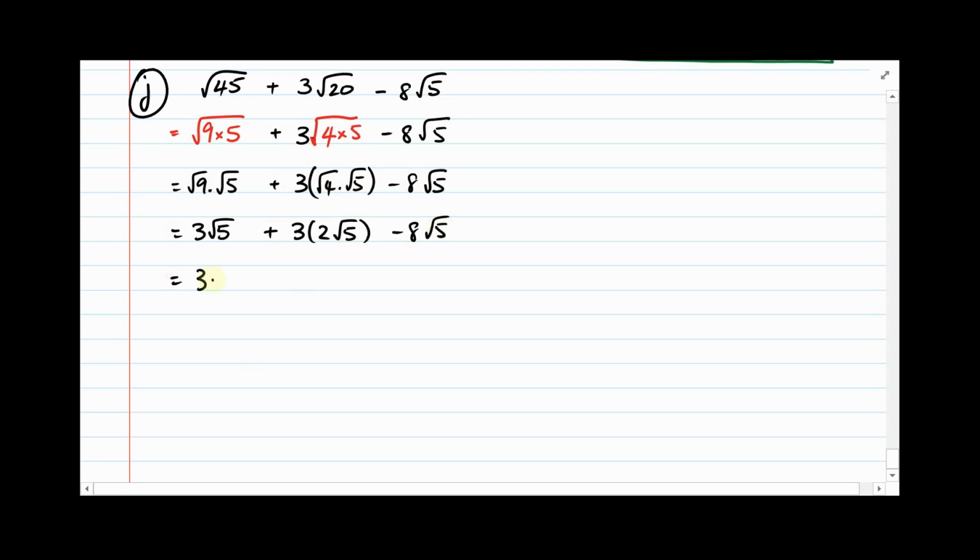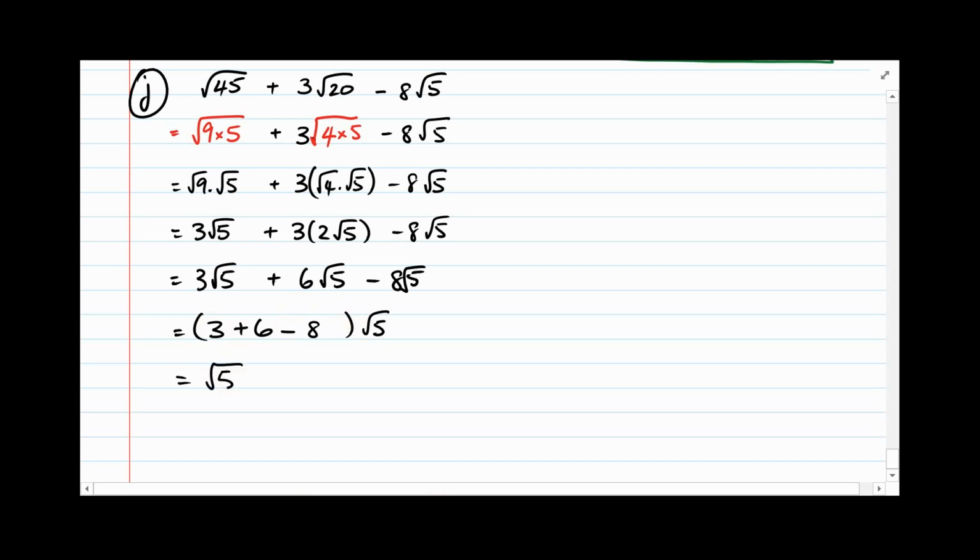Let's keep simplifying. All these are like terms again. So hopefully from the last thing, you remember, I can just look at the coefficients. I'm adding 3 and 6 and subtracting 8. 9 minus 8 is just 1.